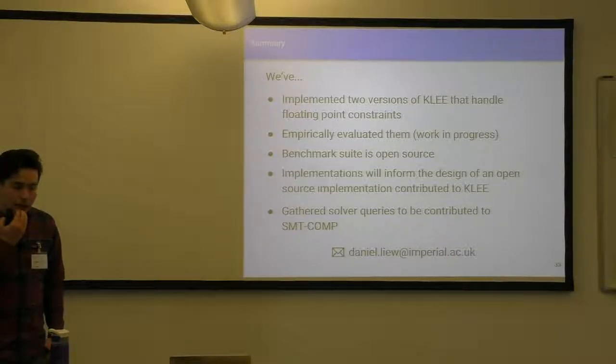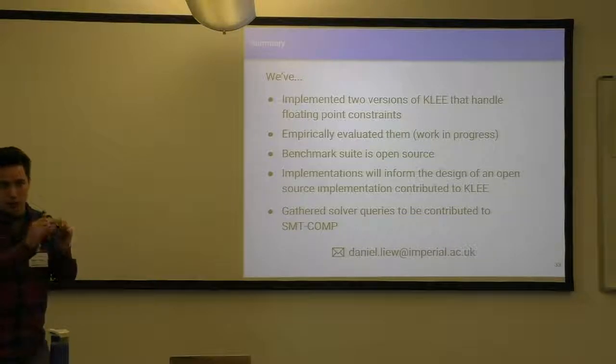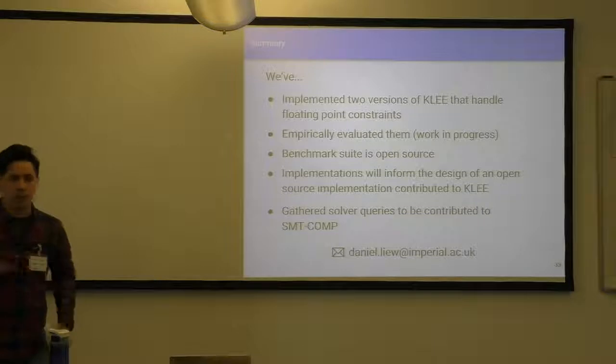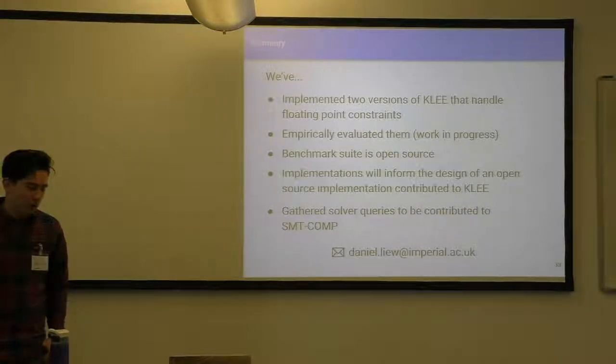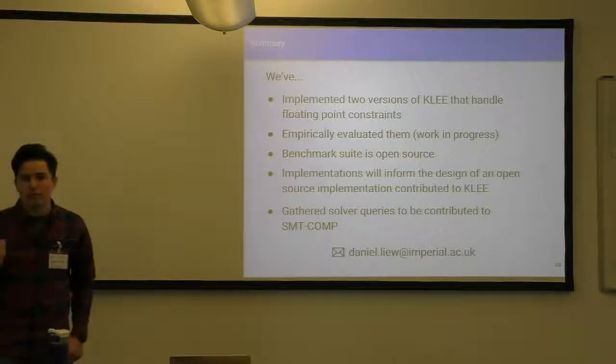Have you looked at something like that? No, we haven't done that. Frankly, I don't have the expertise to be able to write that sort of assertion, because you need to be good at doing bounds analysis, which is not something I've ever learned how to do. But if you know how to do it, then yes, you could do it, provided you could write the assertion in C saying assert some condition. Provided you can write that, then this tool will check it. But you need the domain-specific knowledge of how to write the bounds, which I don't have. But if you know how to do it, then yes, you can do that.